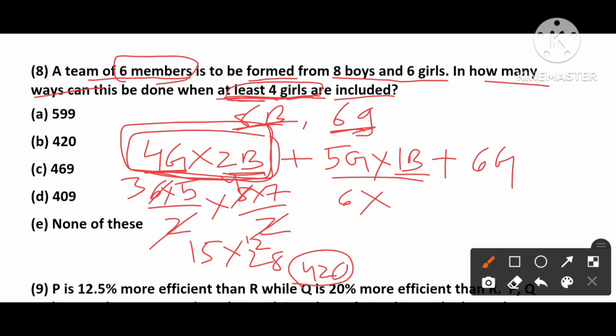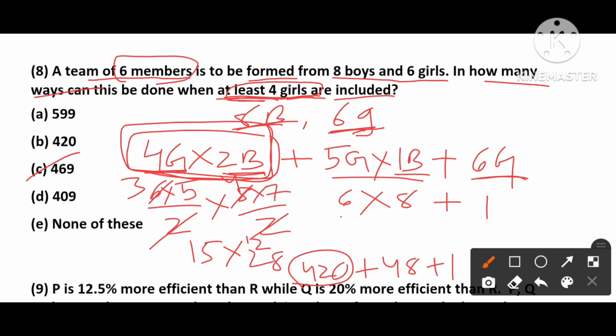So how many ways we have is 8C1. 8C1 means 8 only. So 8 6 times 48. So 420 plus 48 plus 6 girls. Here total 6 girls and we need to take 6 girls means there is only one way. So totally, this is our answer, 420 plus 48 plus 1.